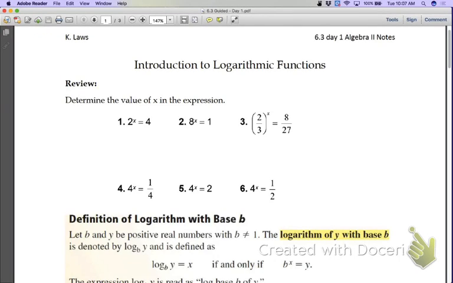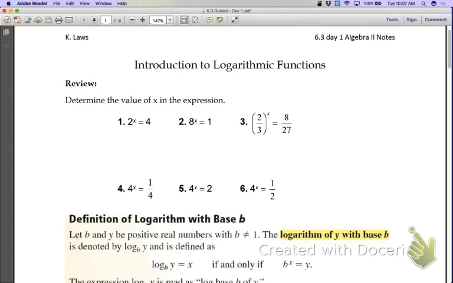Last week, the last 2 weeks really, we've talked about exponential type functions. The reason why we spent so much time on exponential functions is so it'll help you with logarithmic functions. Whenever we deal with a log and an exponential, they're really just inverses of each other.